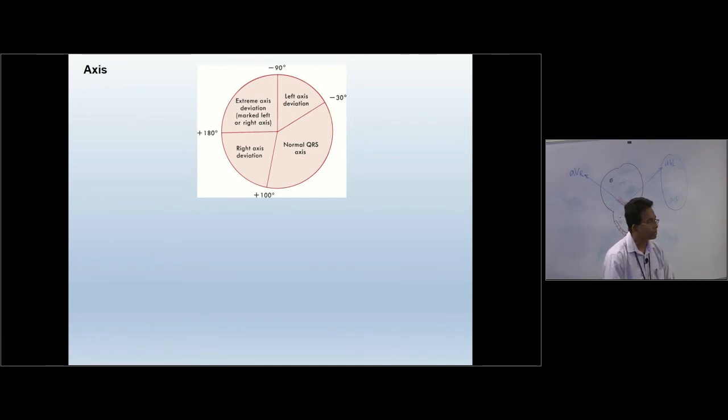Actually, the heart is physically rotating, then the axis changes. Or sometimes the patient's left ventricle is getting bigger, could be dilated or hypertrophied, then the main electrical activity deviates to that side. So in those situations, the summation of the electricity, instead of going to lead 2, is now going to lead 1.